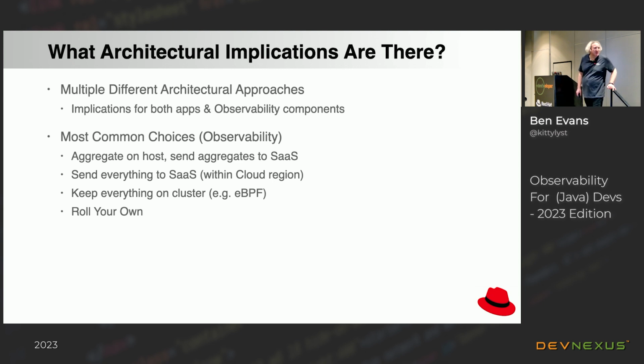So there are things which can work on the cluster itself. A particular technology here that I'll point out is one called eBPF, which is a kind of kernel level technology. It's not super useful for Java because Java does so much in user space, which is transparent to it. But it is useful in general as a tool.